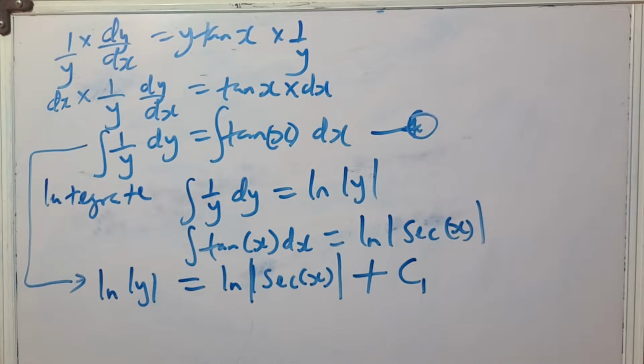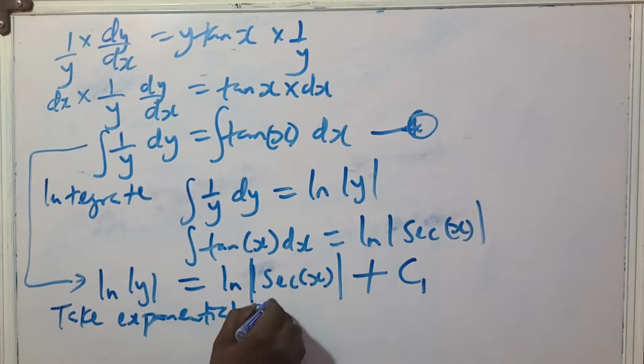After doing this, you want to solve for y. One way you can get your y isolated is by taking the exponential of both sides. So you exponentiate both sides to eliminate the natural logarithm. To take out this natural logarithm, you just take the exponential of both sides.